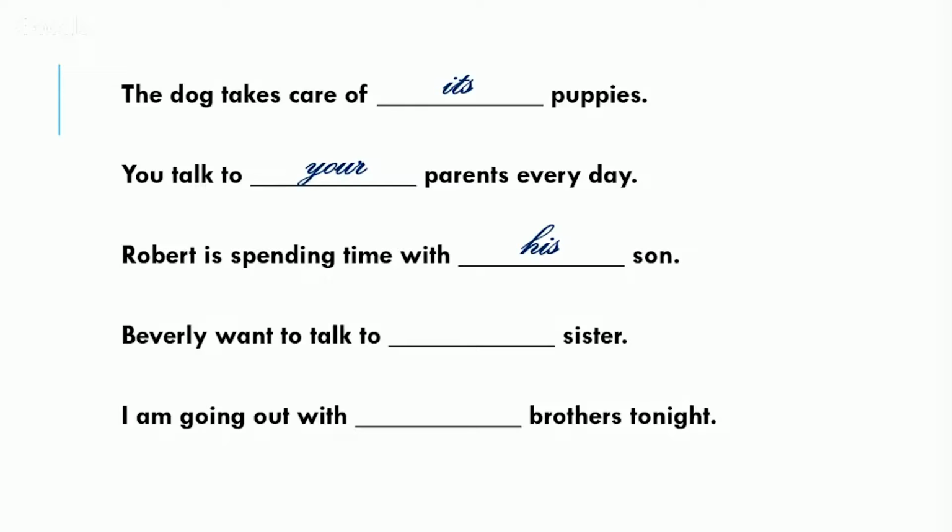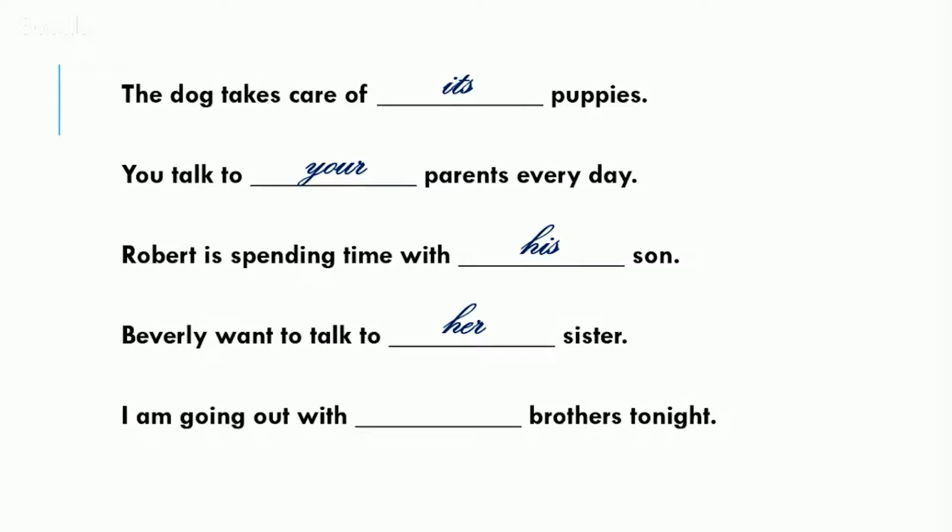I am going out with, remember, I am the owner. Blank brothers tonight. Whose brothers? Let me see what the answer is there. Melissa's correct, her sister. Stephanie says her sister, and that is correct. That is correct.